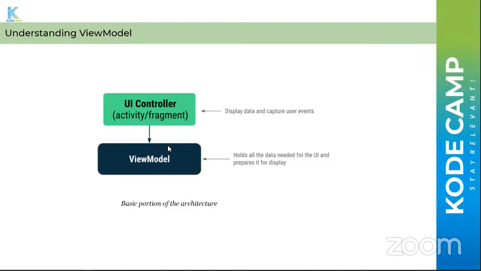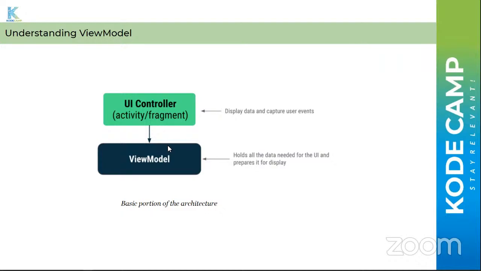They are retained during configuration changes, so the data they hold is immediately available to the next activity or the next fragment instance, depending on which one you're making use of. To implement a view model, the only thing you do is extend the view model class. We're going to practicalize it now.